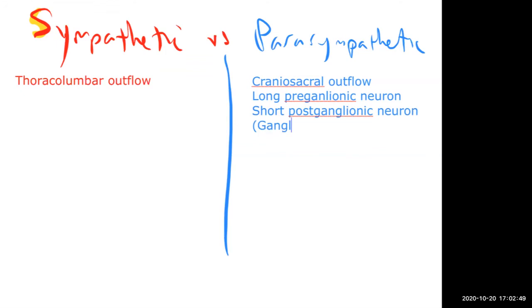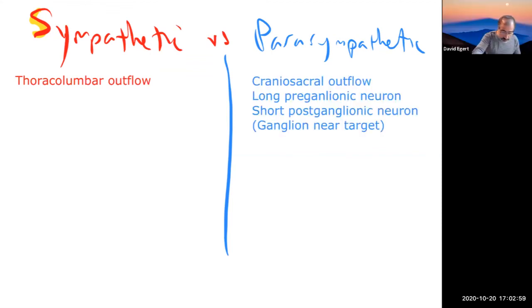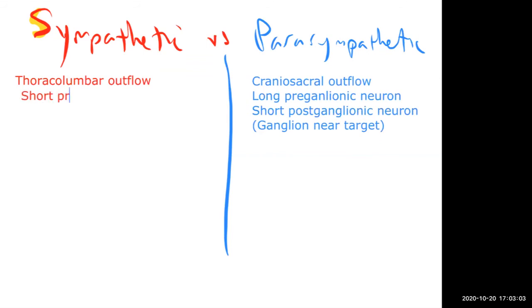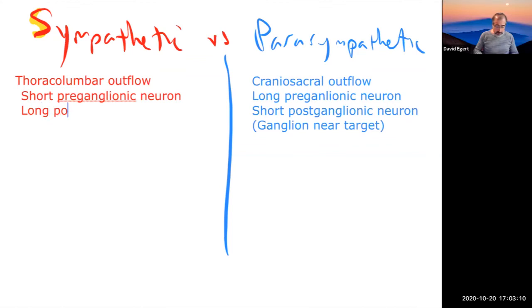Ganglion is near the target. Whereas in the thoracolumbar outflow, it's going to be a short preganglionic neuron, long postganglionic neuron, that means the ganglia are near the spine.